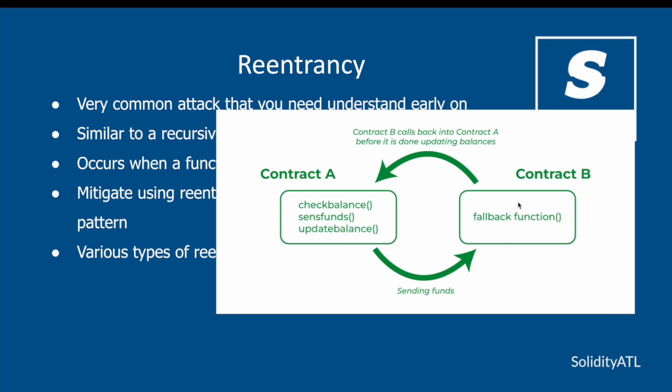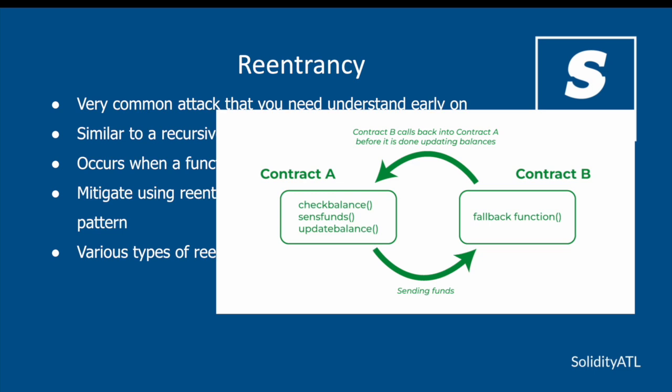And contract B can call back into this. And so as you can imagine, we can call into send funds, nested however many times you can, to extract money out of this contract without an update to the balance. So we're going to walk through an actual example later on in this session.